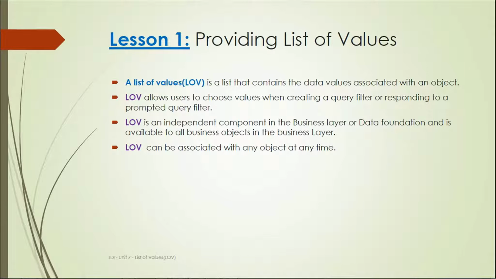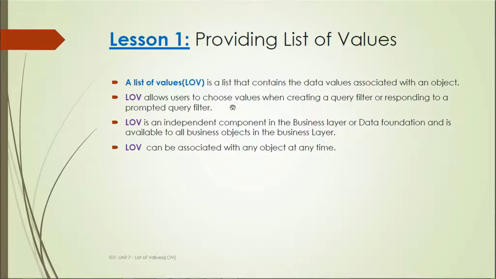There will be an object that we create in a business layer, and with that object we can assign a particular list of values. It will consist of a list. We can use this list of values in different ways. It can allow users to choose values when creating a query filter or responding to a prompted query filter.